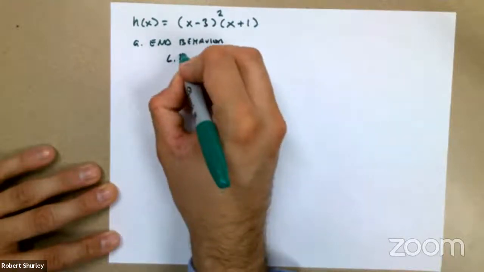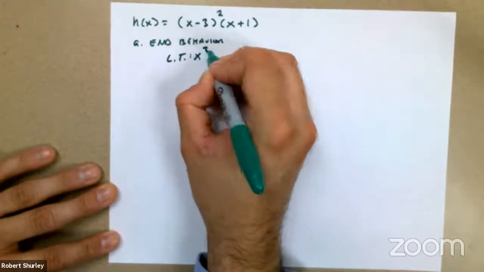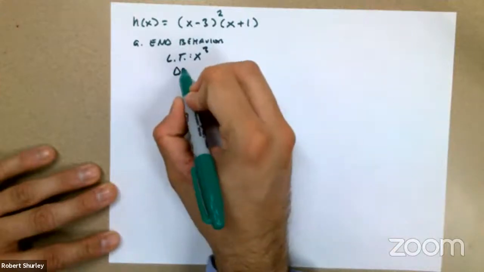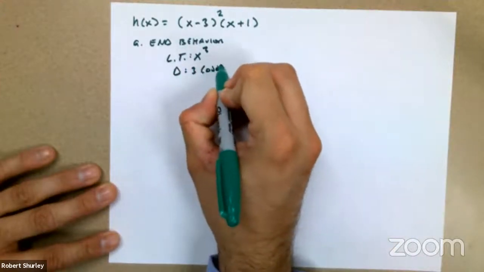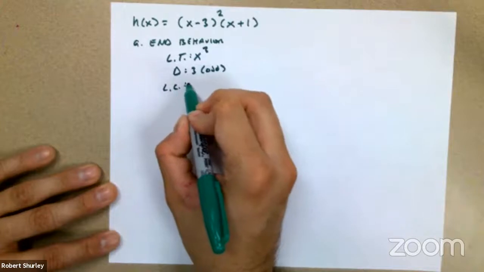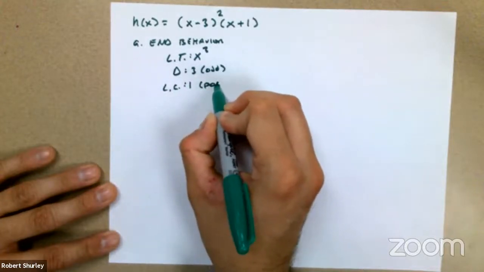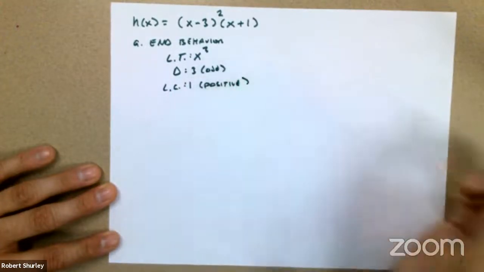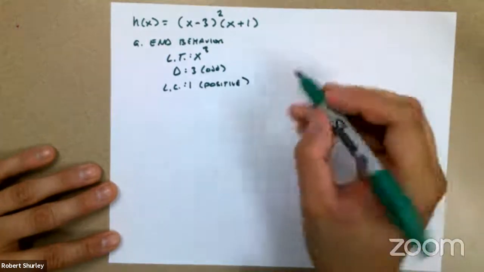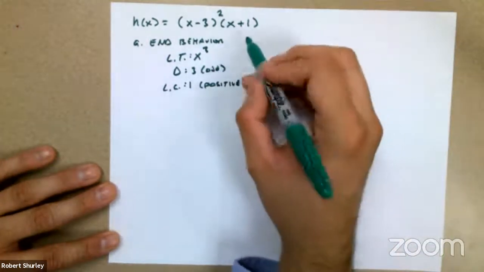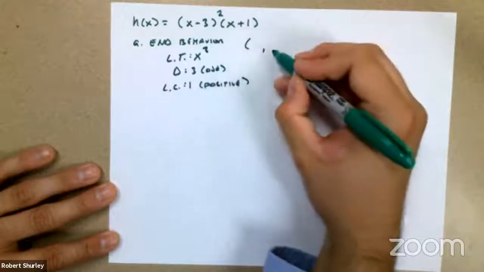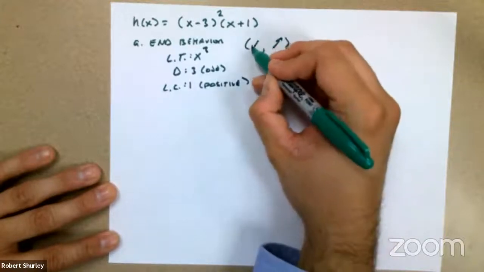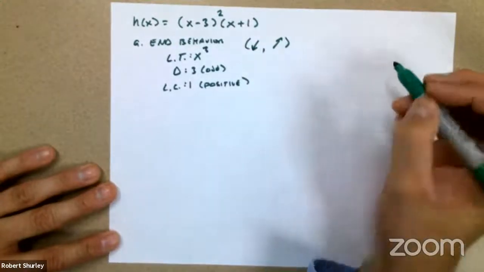So the leading term is actually just x cubed. That means the degree is 3, it's odd, and the leading coefficient is 1, which is positive. It's the exact same as the last example. So the end behavior, because it's positive, goes up and to the right, and because it's odd, it's going to go down and to the left.